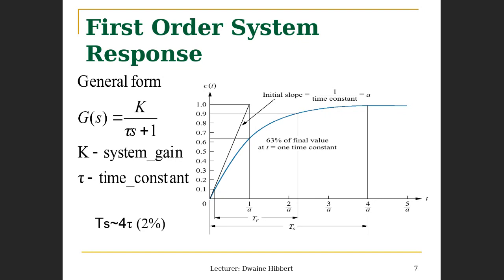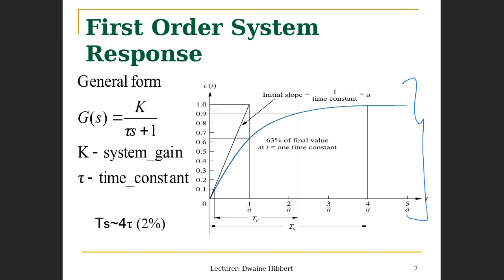The response will look like that of the charging of a capacitor. All first order systems behave in that very same way. If you look on the plot here, this is a first order system, and it looks like the charging of a capacitor.